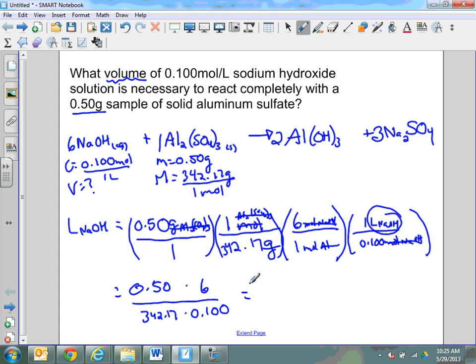So when we calculate that out, we get an answer of 0.0877. And this is going to be liters for our units. What you could do is move your decimal over 3 places, and you could write that as 87.7 milliliters as well.